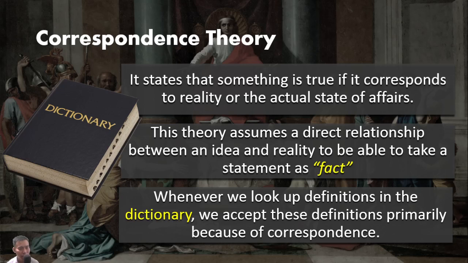Okay? Say for example, pig. There is no such thing as a definition of pig in the dictionary that it has wings, the same as a bird. So that does not correspond to one another.